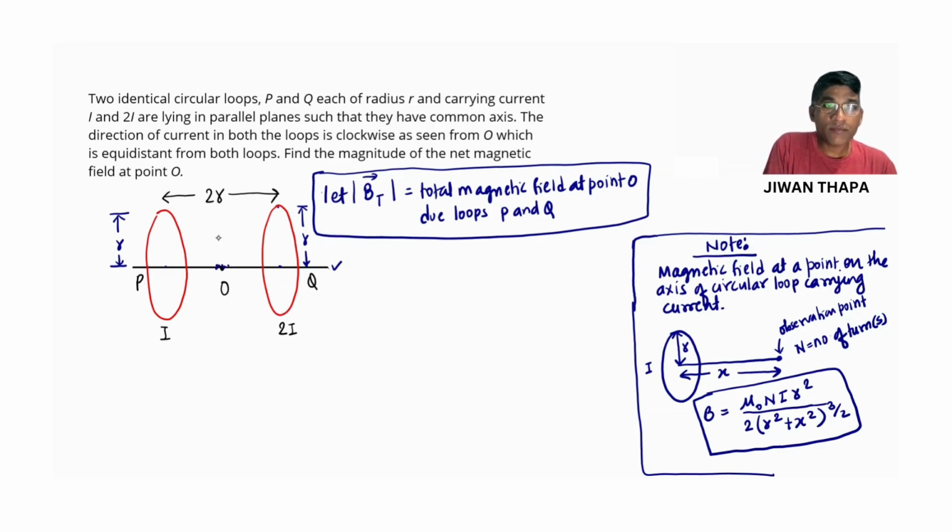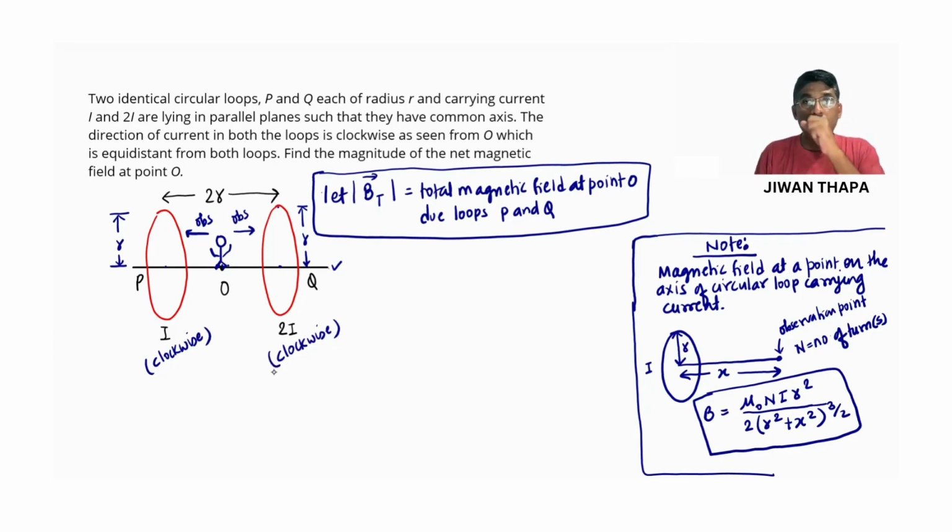And from the question, when we observe from point O to loop P, then we find current I in loop P is flowing in clockwise direction. In same way, when we observe from point O to loop Q, we find current twice I in loop Q is flowing in clockwise direction.